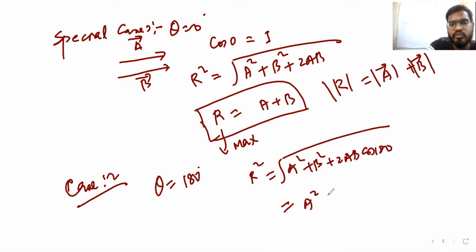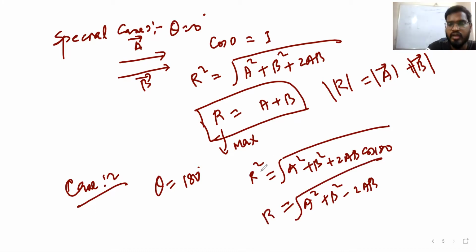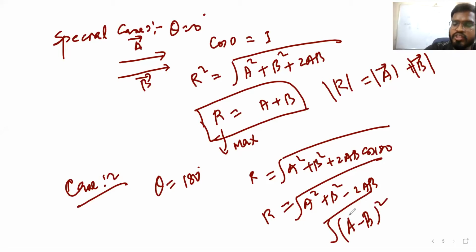So now a square plus b square minus 2ab, root under of that. So we can write it this way also. So this we can cancel out: a minus b, right?